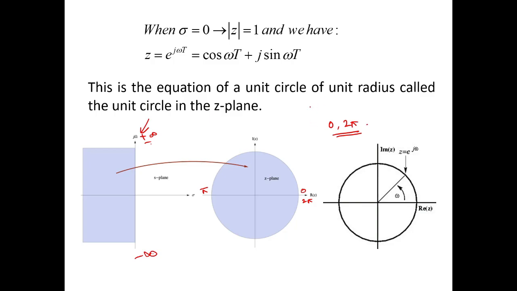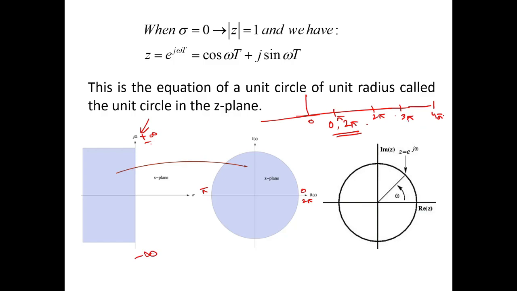If you plot the frequency axis, we will have 0, pi, 2 pi. If you move further, you get 3 pi and 4 pi.